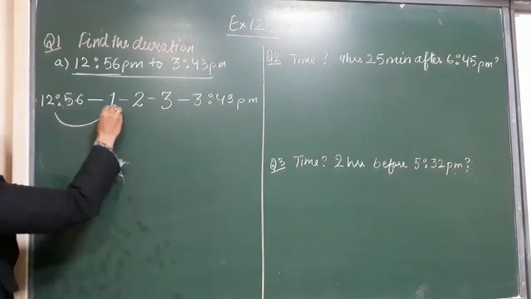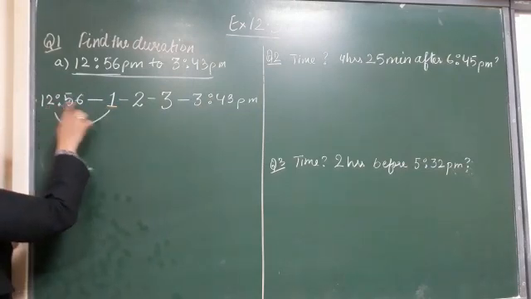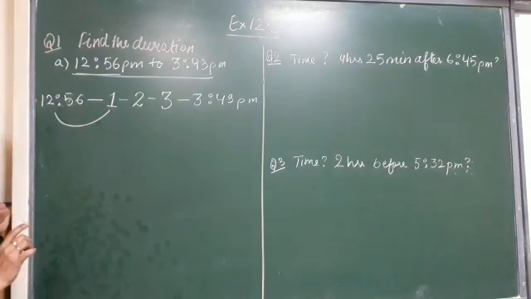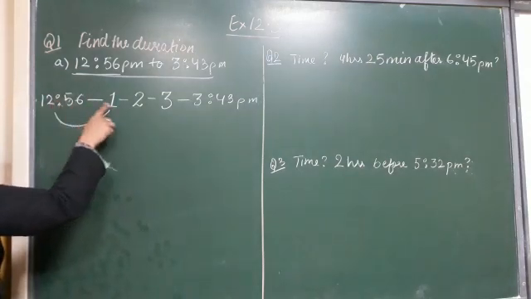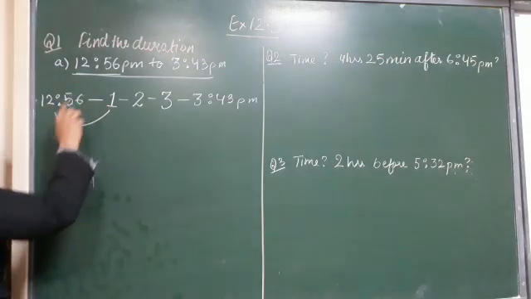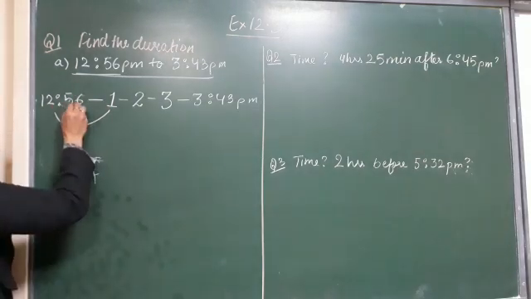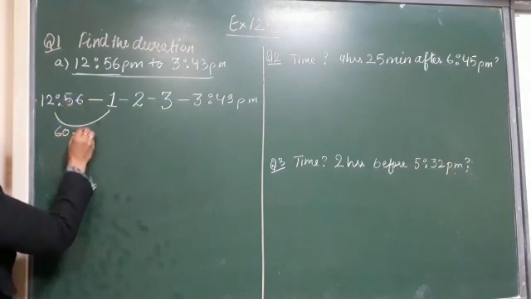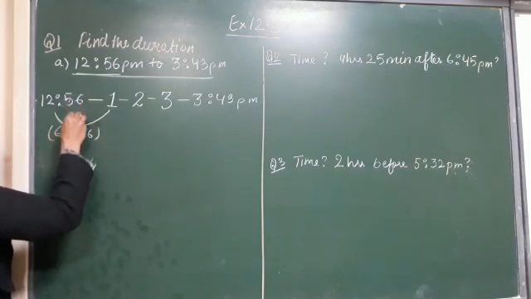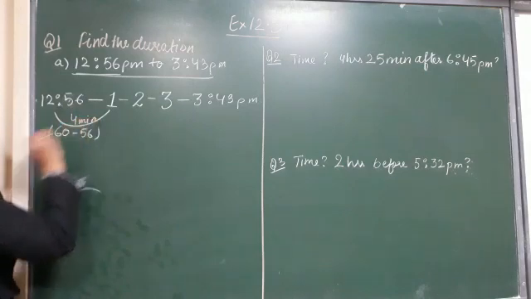Now you need to calculate the time covered during this timeline. Like 12:56 to 1. 12 to 1 is how many minutes? There are 60 minutes. So in between this 60 minutes, 56 minutes have passed. So how much time is left? 60 minus 56, that is only 4 minutes.